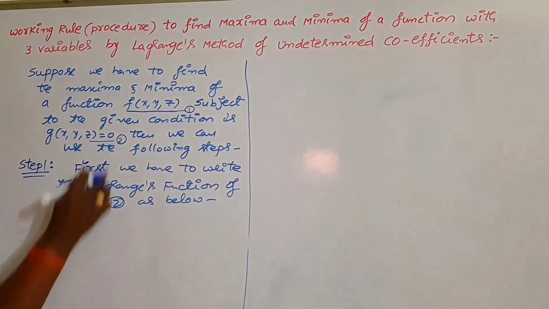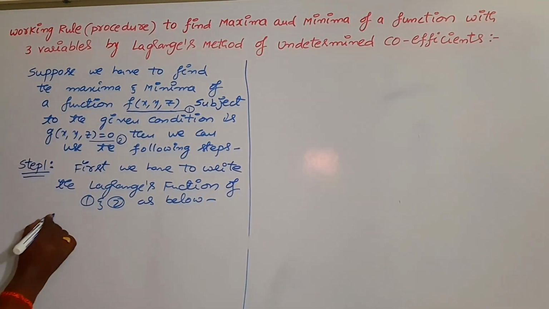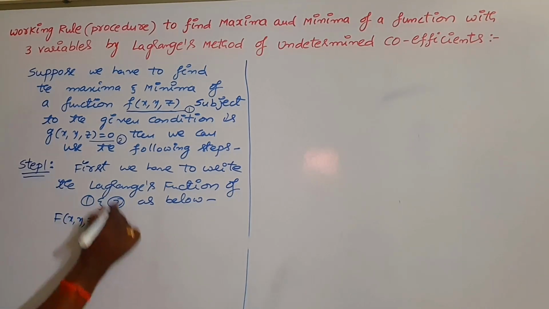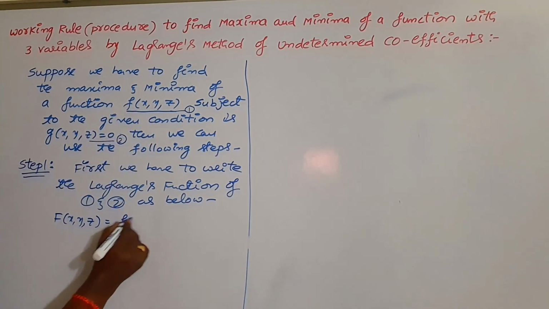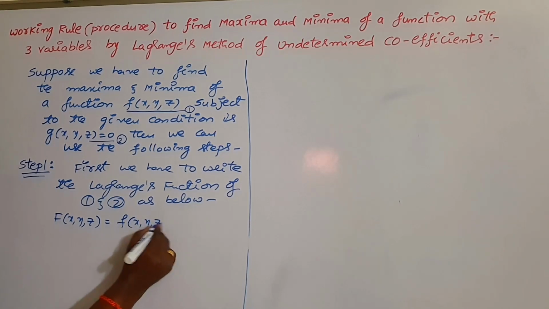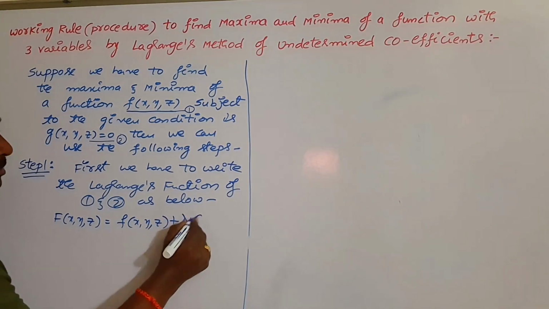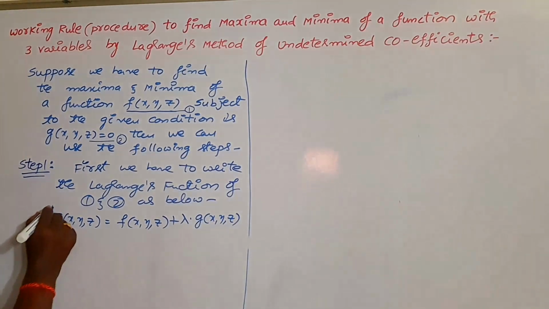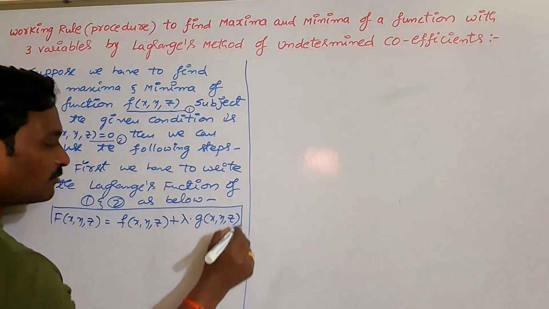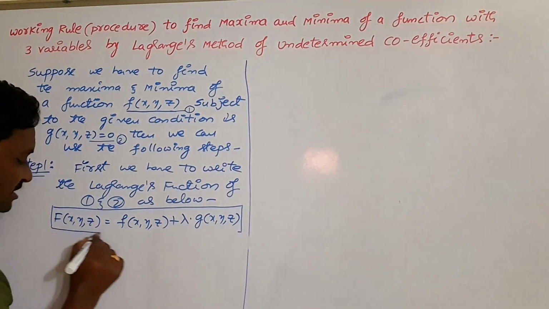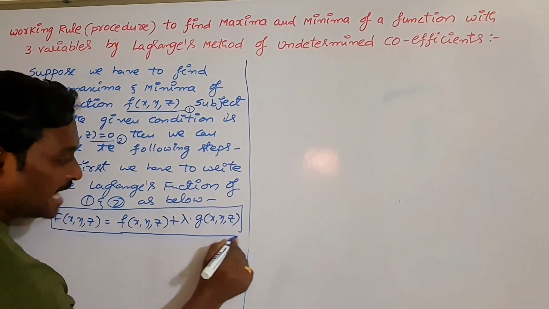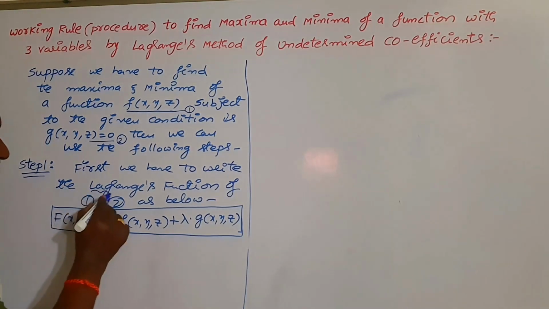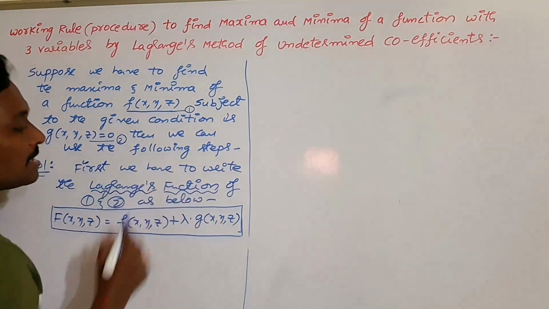Okay, the Lagrange's function of these two functions is represented by capital F of x, y, z. It would be first function f of x, y, z plus lambda into g of x, y, z. This is the condition. In this way, we have to write the Lagrange's function. Some of the people call it auxiliary equation also, as you wish. Mostly Lagrange's function name is popular.